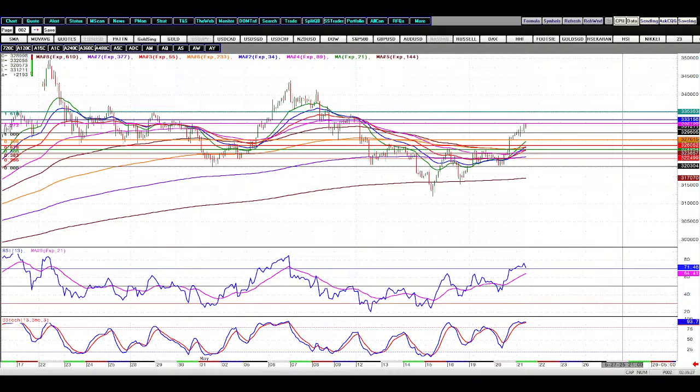TP at 3301. I think just now what was the level I said? Hold on. Let me double check.